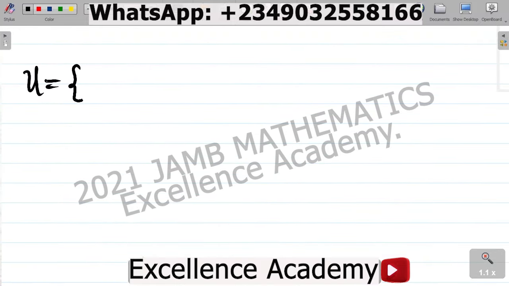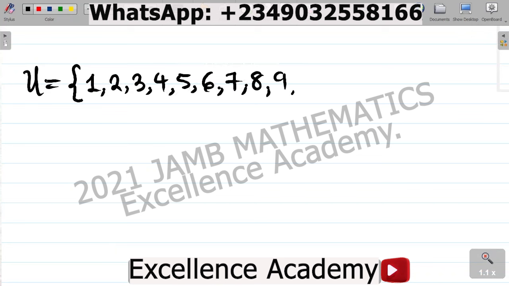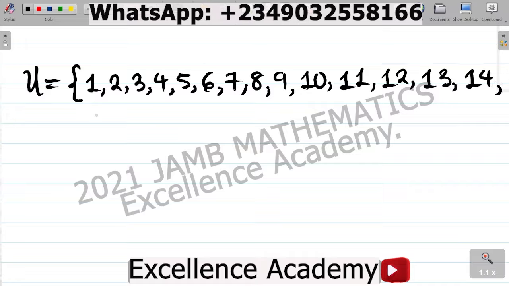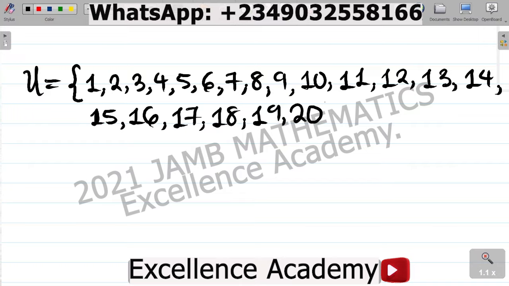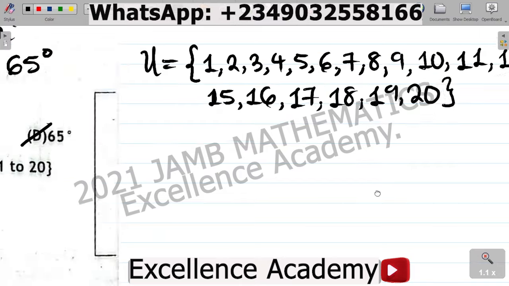So from 1 to 20, you have 1, 2, 3, 4, 5, 6, 7, 8, 9, 10, 11, 12, 13, 14, 15, 16, 17, 18, 19, and then 20. So these are all positive numbers from 1 to 20.